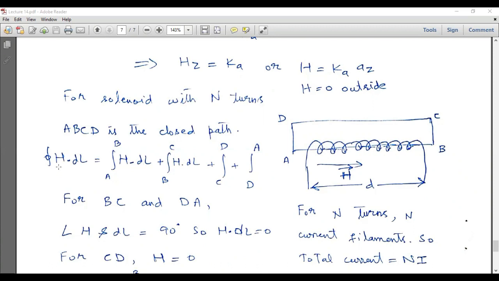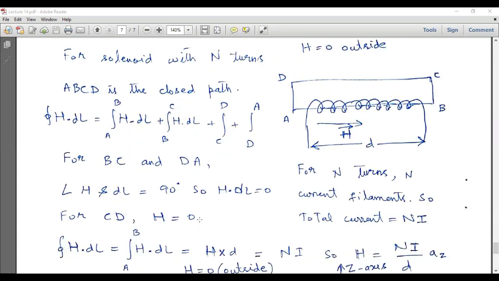So let's apply Ampere's law. H dot dl is equal to the sum of H dot dl from A to B, B to C, C to D, and D to A. For the branches B to C and D to A, H and dl will be at 90 degrees because the magnetic field intensity is in this direction around the coil, and these two sections lie perpendicular to the direction of the magnetic field, so the dot product will be equal to 0.